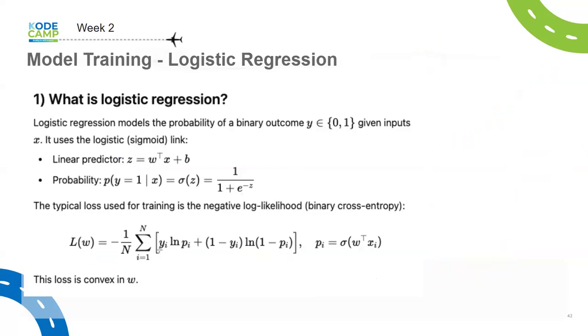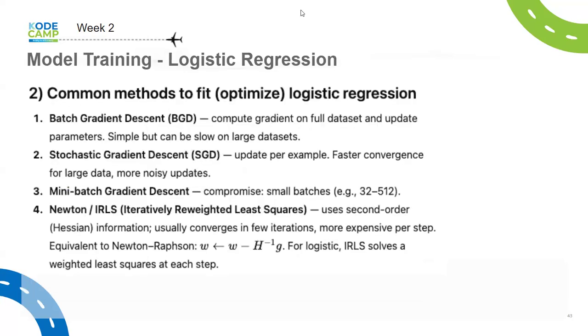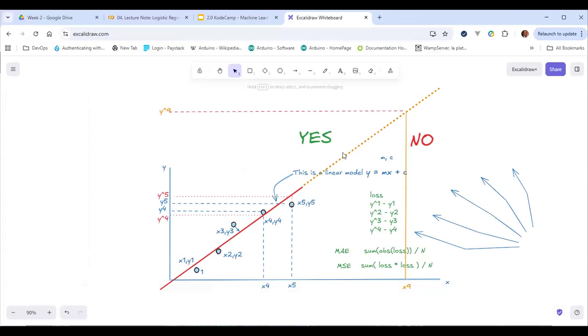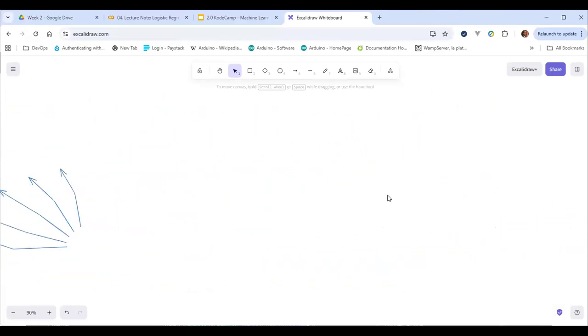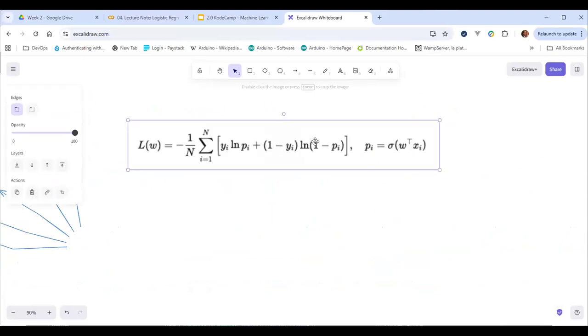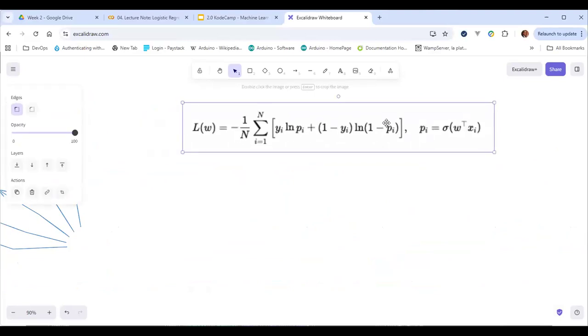Let me do this in the Excalidraw. So I'm going to take this, and I'm going to go back to my, and I'm going to go a bit to the right. And I want to explain this.